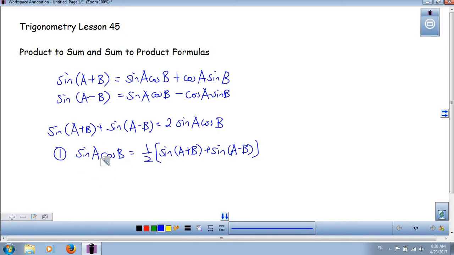By product to sum, we mean that this is the product of sine A and cosine B, and you can convert it to the sum of sines of the sum and difference of the angles.